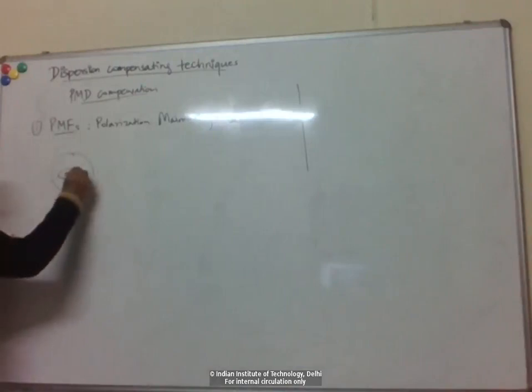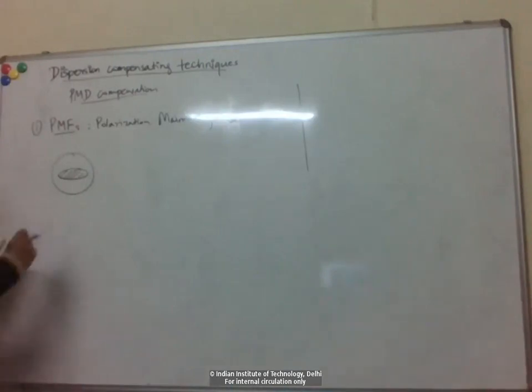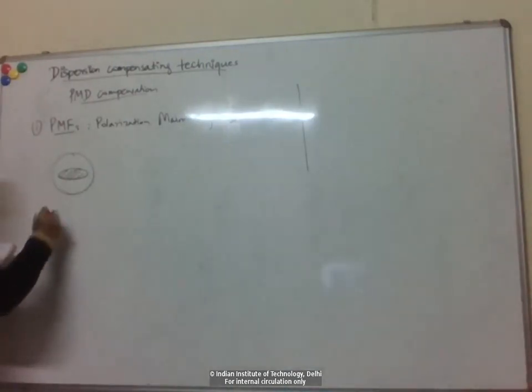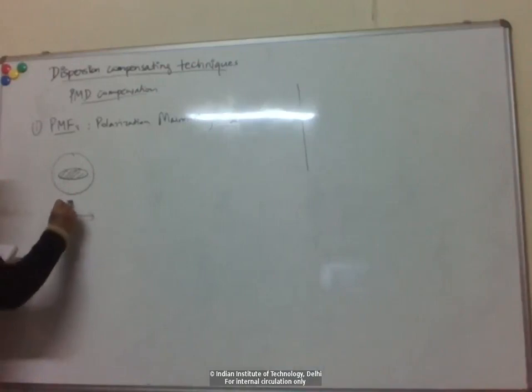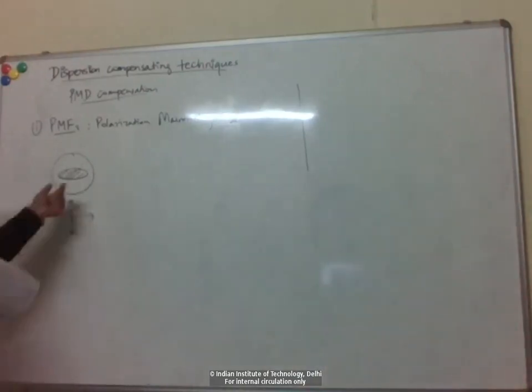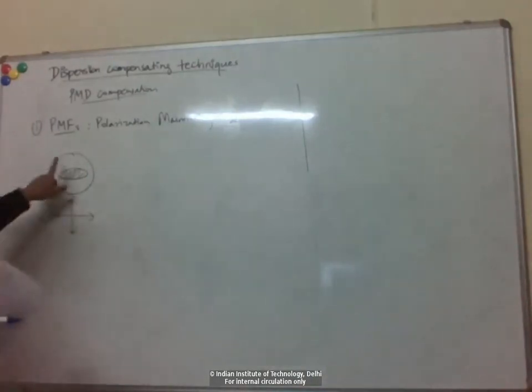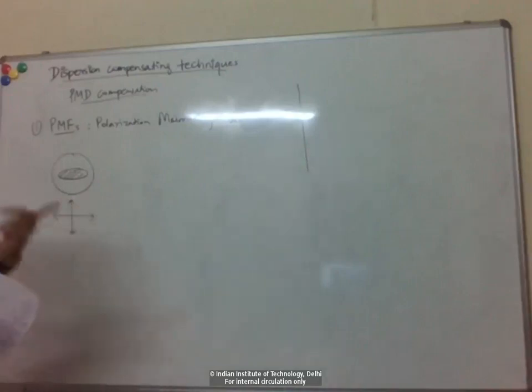So for example, you have a core which looks oval. So now, of course, the horizontally polarized and the vertically polarized modes will not have the same propagation constant. They'll be different, right? So basically, by design, we are introducing a very high birefringence in the fiber.